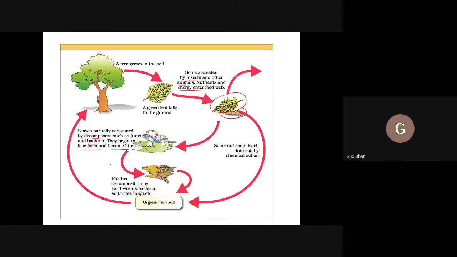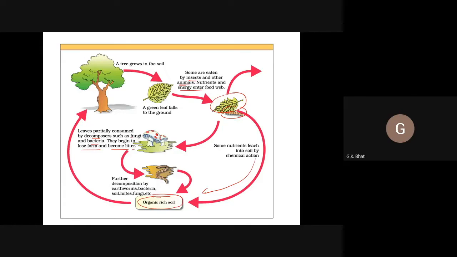So what happens? Further decomposition by earthworms, bacteria, soil matter, etc. Now the organic substance that is formed makes the soil rich with organic matter, whatever the protoplasm contains: proteins, carbohydrates, lipids, nucleic acids, etc. Some nutrients leach into the soil by chemical action also.